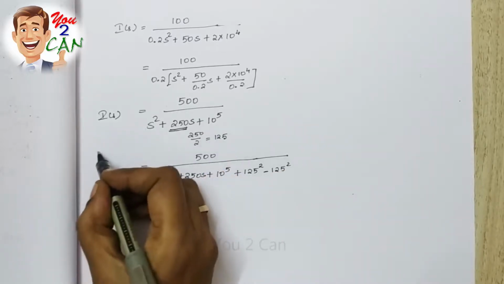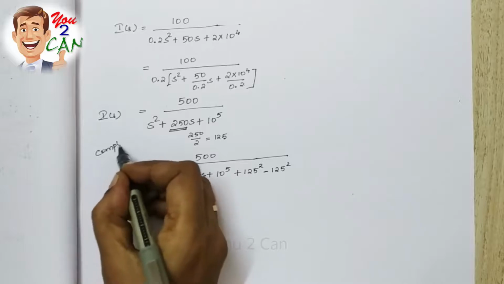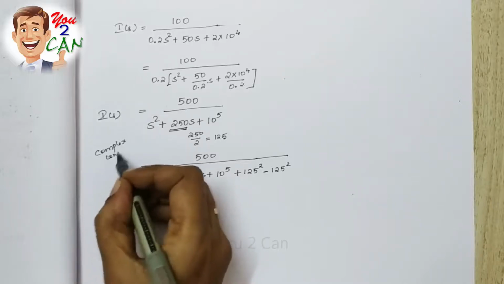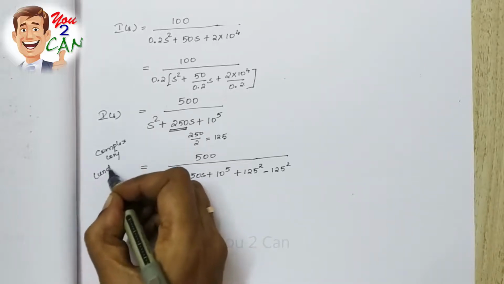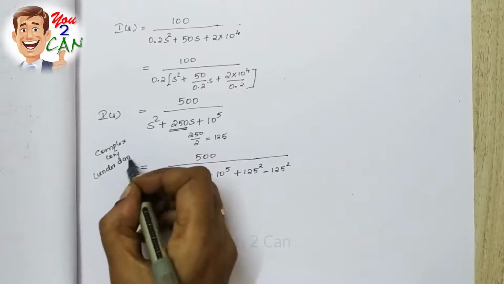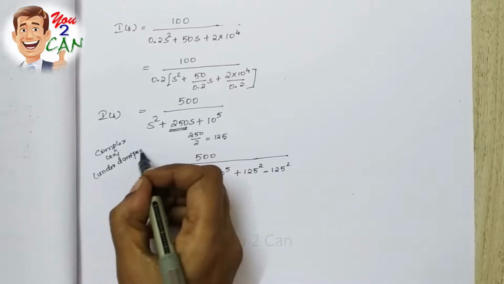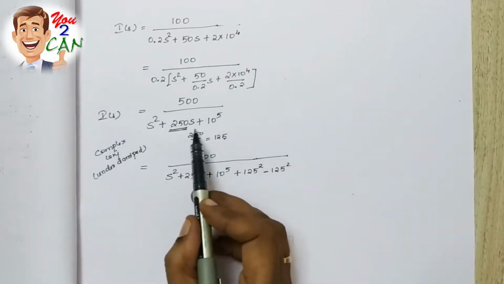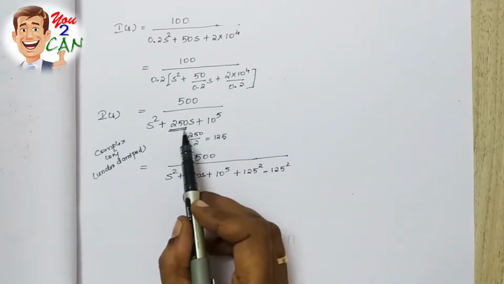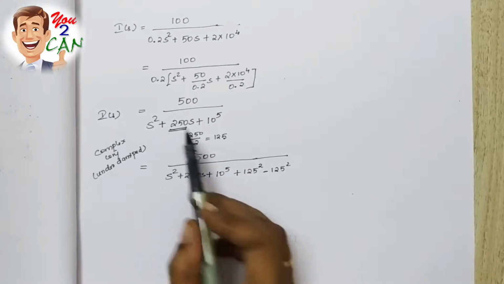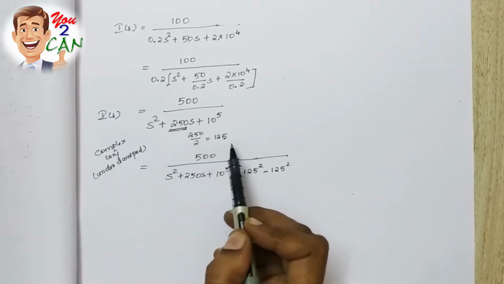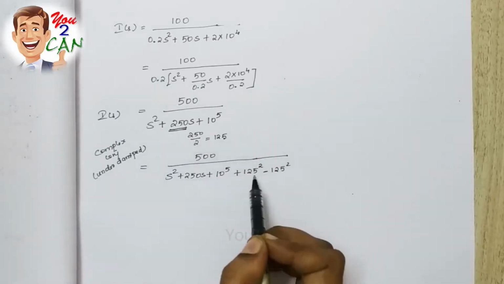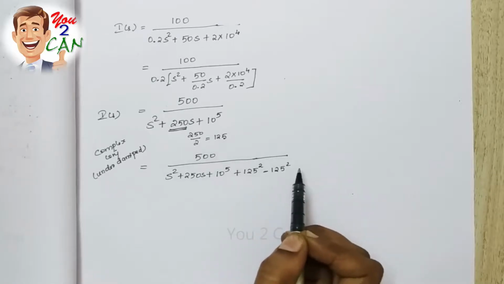Here the roots are complex conjugates, that is underdamped. After you have identified that this case is underdamped, then you have to proceed like this. Here the coefficient of s is 250. You have to divide 250 by 2, you will get 125. You have to add 125 squared and subtract 125 squared.